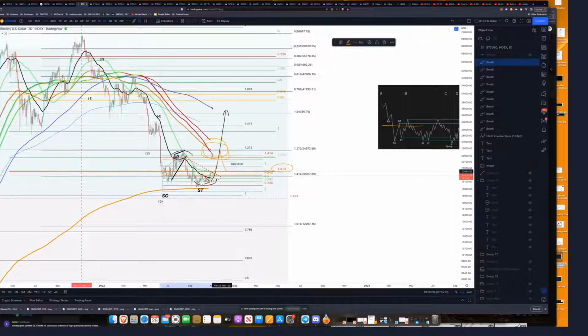If we can break that level where it's currently, then we'll look on the daily, which is that one there, and then we'll see if we can get past that. And so we've got these Fibonacci levels and that level there. So a whole bunch of fibs for this to be bullish.